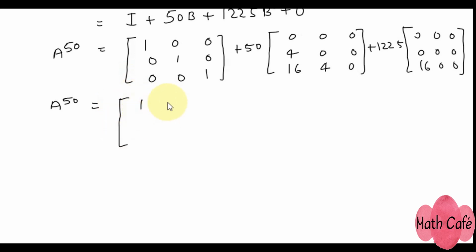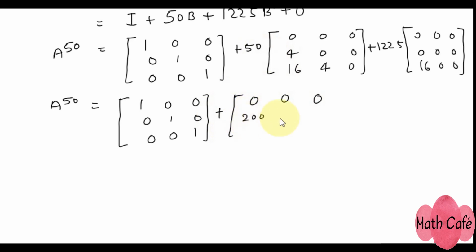the identity matrix as it is, [1 0 0; 0 1 0; 0 0 1]. So we will multiply all the terms by 50, so that will become [0 0 0; 200 0 0; 800 200 0].